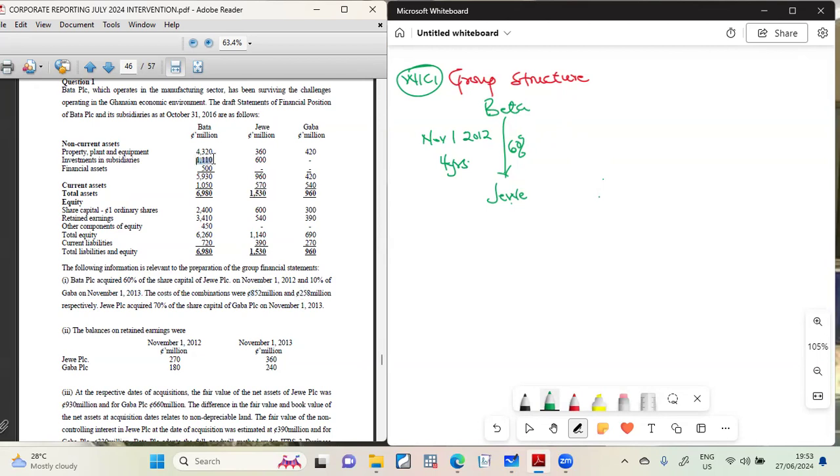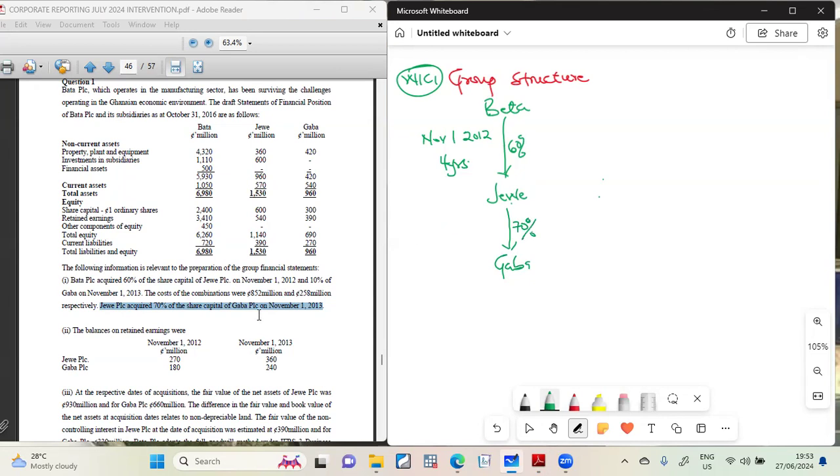Perhaps that is what combines for you to have this. And again, they said Jewe PLC acquired 70% of the share capital of GABA. So right there, you can now draw this one.